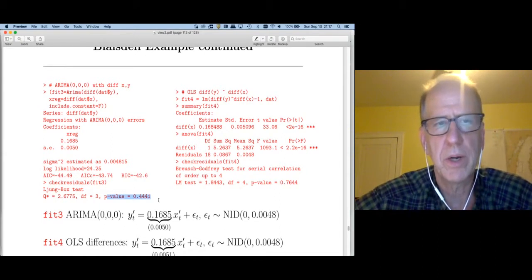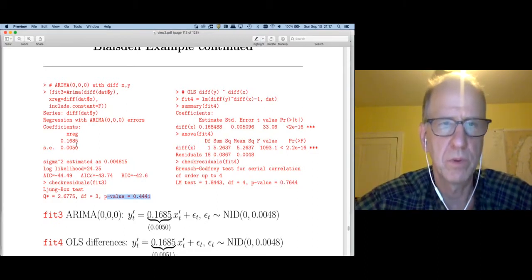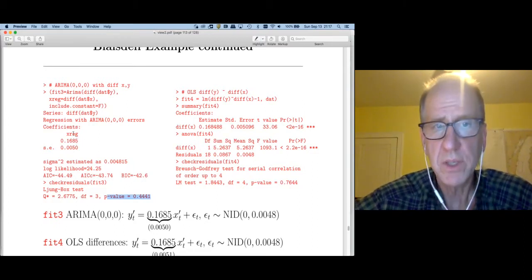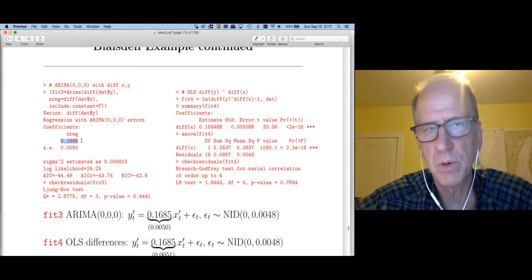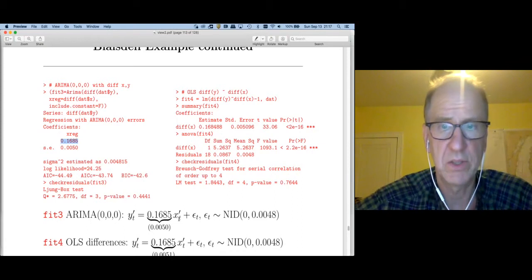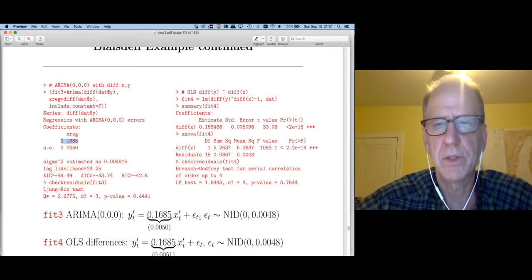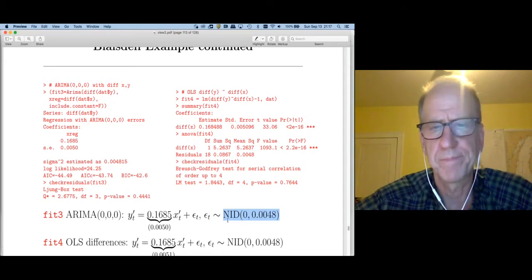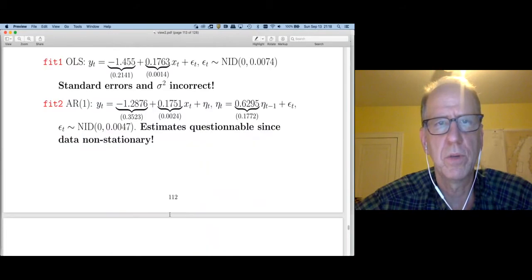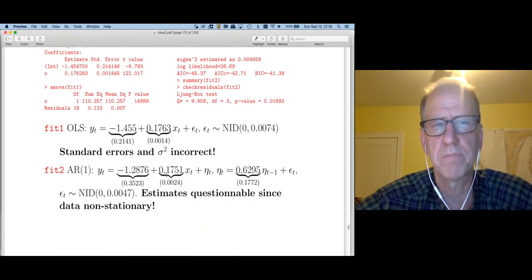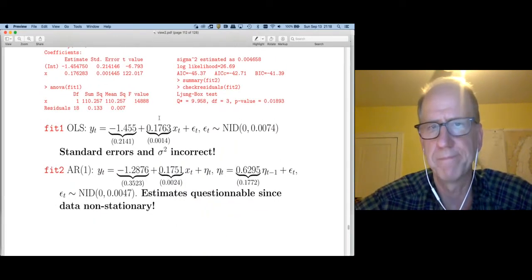Let's now go try to interpret this estimated equation. So this is saying my differences equal 0.1685 times the difference in the x's, and then I have a slope plus some set of errors. Since I don't have any autoregressive process, these errors are just white noise. Now notice how close this slope is to the slopes that I got with OLS and with the other incorrect model.